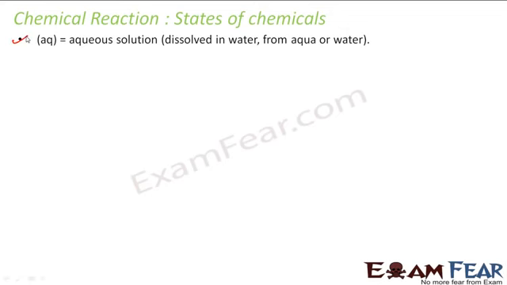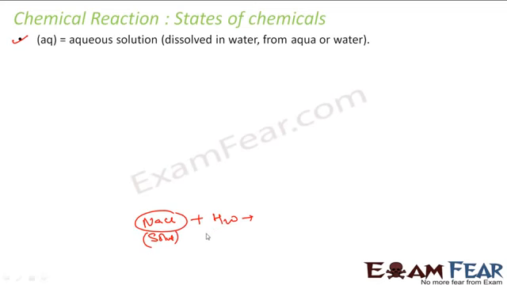An aqueous solution is something which is dissolved in water. This comes from the word aqua. For example, take the common salt which you use, NaCl. If you see, it's a solid. But the moment you put it in water, this becomes an aqueous solution.